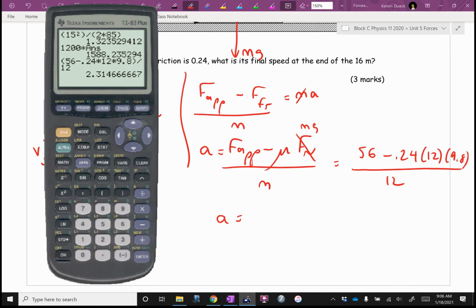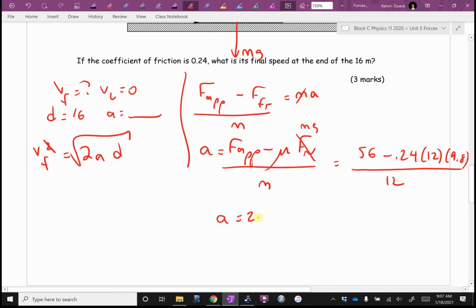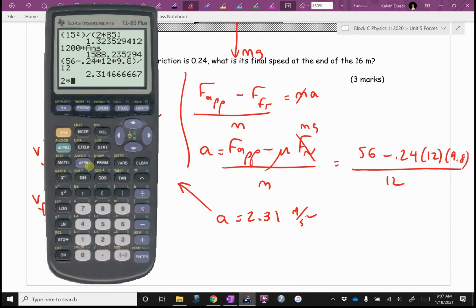Do you get an acceleration of 2.3146 repeating? So I'm going to write 2.31. Now I'm going to walk over here. VF is going to be the square root of 2 times 2.31. I'm going to use my answer button. Times 16. 2 times answer button times 16.